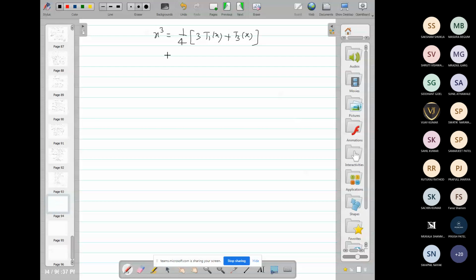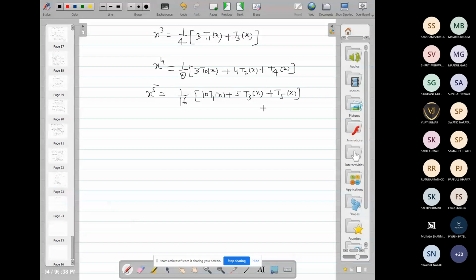अभी एक एग्जाम्पल लेंगे जिसमें 5 तक कंसीडर करेंगे, इसलिए यहाँ 5 तक लिखिए. x^4 is equal to 1 by 8 (3 T0(x) plus 4 T2(x) plus T4(x)), and x^5 is equal to 1 by 16 (10 T1(x) plus 5 T3(x) plus T5(x)).